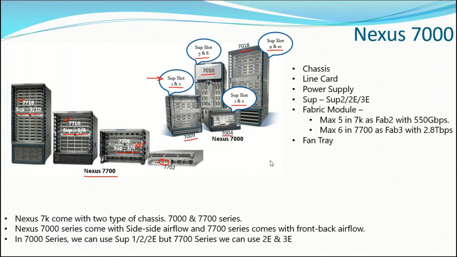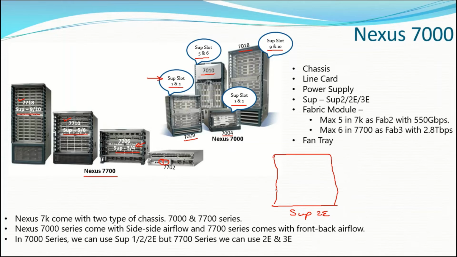One important thing I just remembered: while working on the Nexus 9000 series, we discussed the system controller as well as the supervisor engine. If you have noticed here, we have the supervisor engine, for example SUP2 or SUP2E, any one we can use.